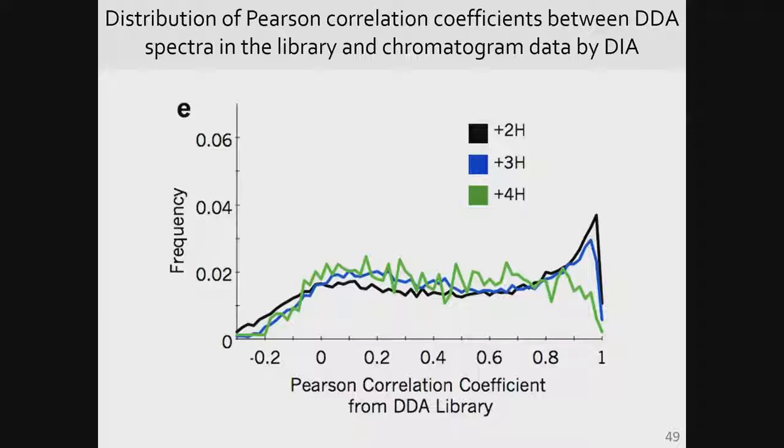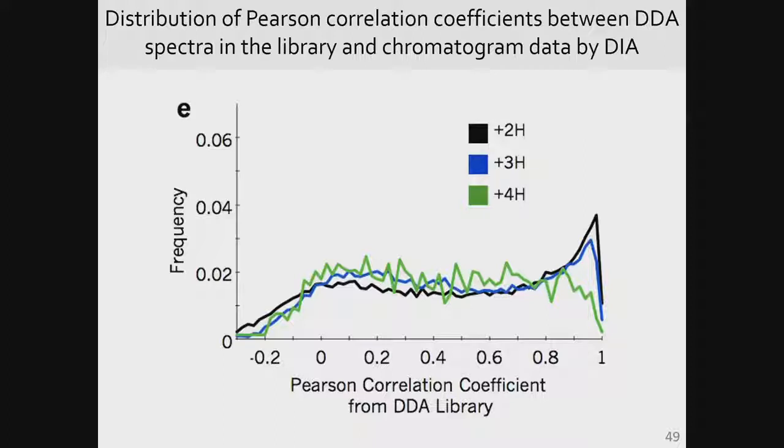I think the key thing that I always take home is what's on this far right, and that is the fraction of things that are matching. These are where you'd consider a correct match: anything that has a correlation coefficient greater than 0.8 or 0.9. So it's only the things down here that you're actually looking at.